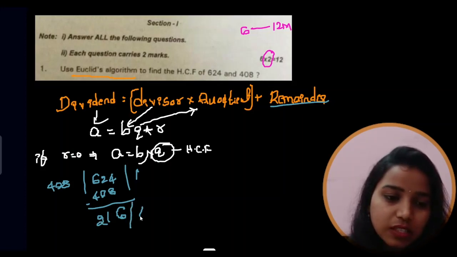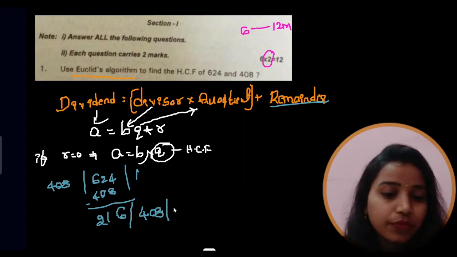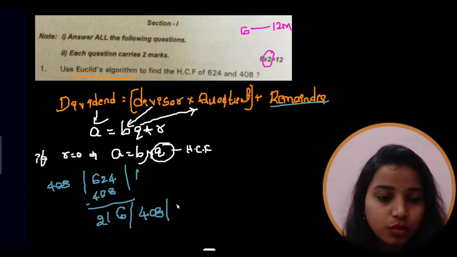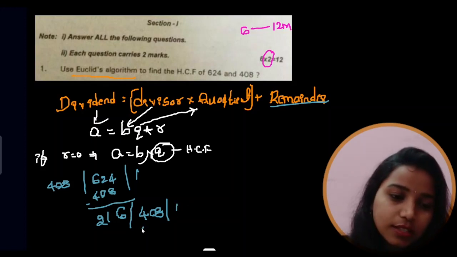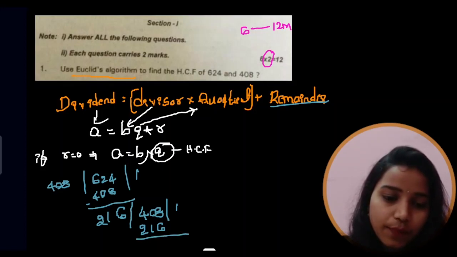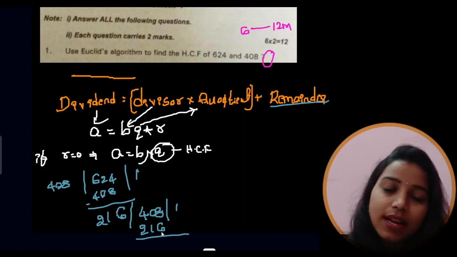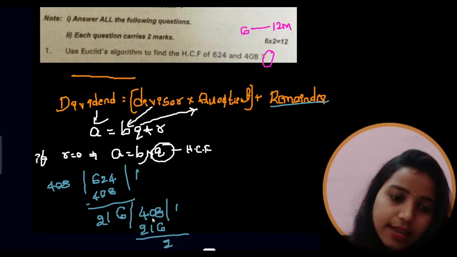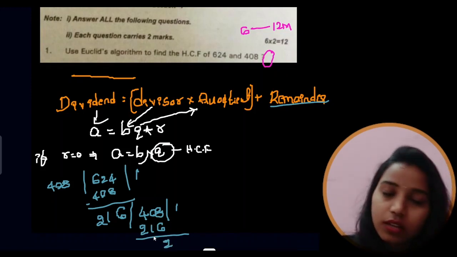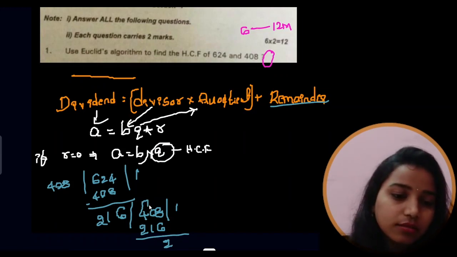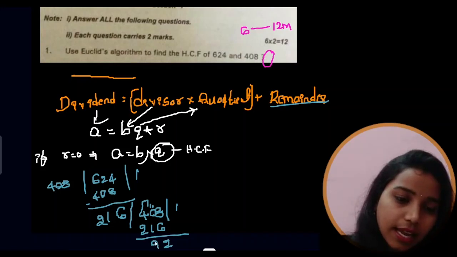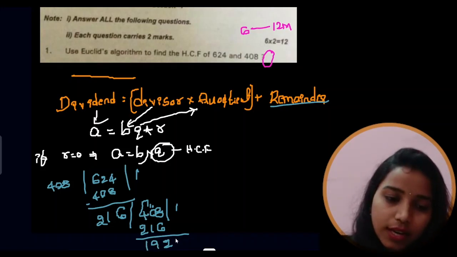So the remainder is 216. Then again with 408, if we consider 2, it will be larger, so again I'm going with 1. 408 minus 216 gives 192.